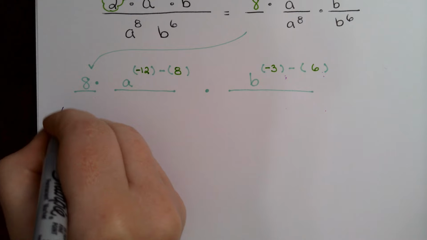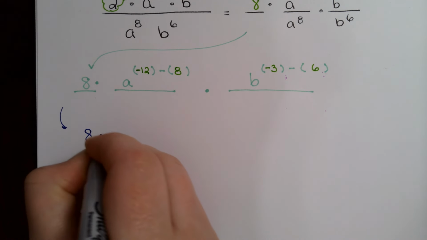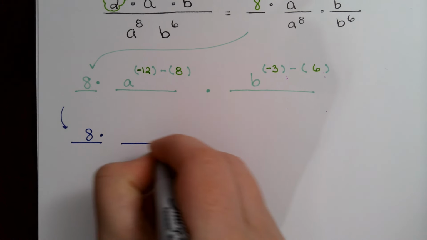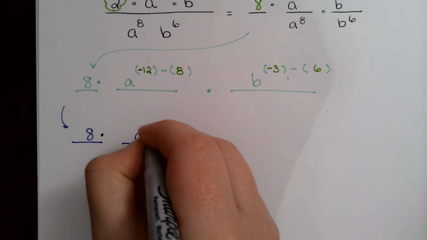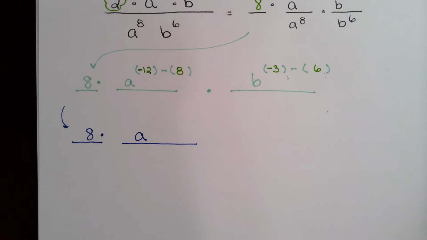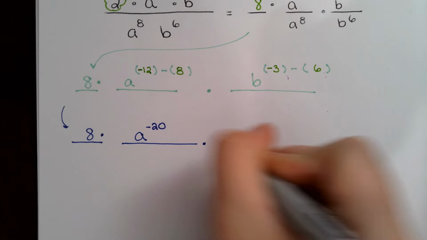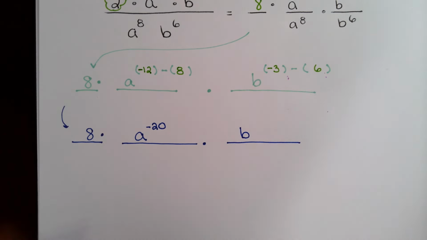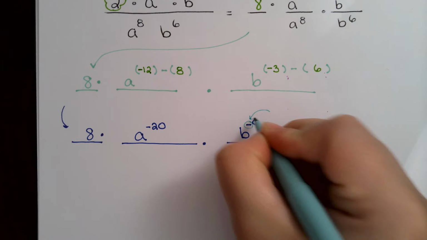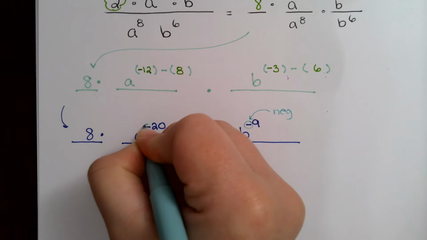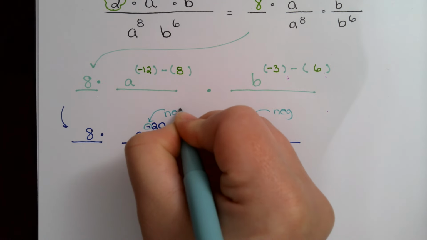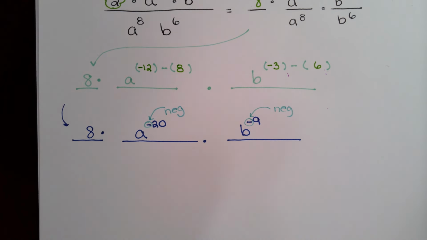Next step is writing it out. After you do the subtraction, keep your bars, so keep the division bars until you are ready for an answer. So negative 12 minus 8, that is a negative 20. Negative 3 minus 6 is a negative 9. Because my exponents are negative, that means we will be flipping the base. If it is not negative, do not do this step.